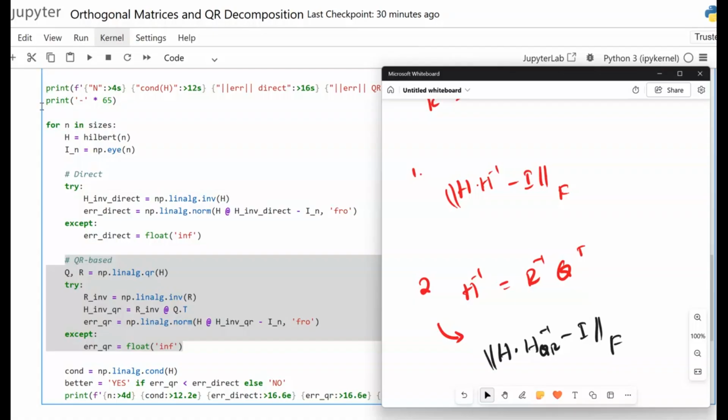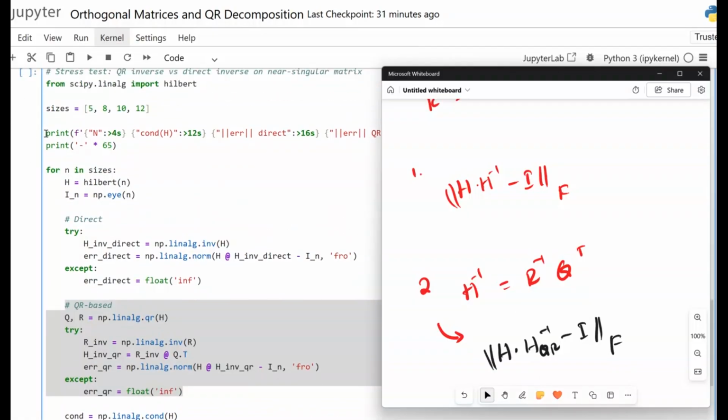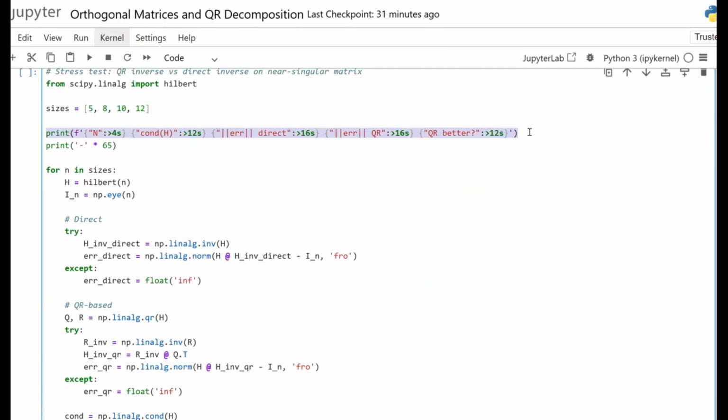And dear friends, kindly just observe this exact line. It gives us the output in a tabular manner. So here it prints the matrix size n, the condition number, the error of direct inverse, the error of QR based inverse, and lastly whether QR performs better or not.